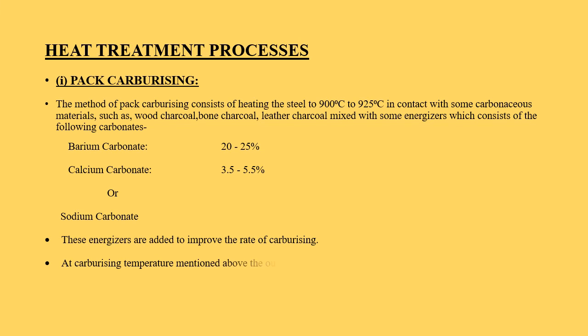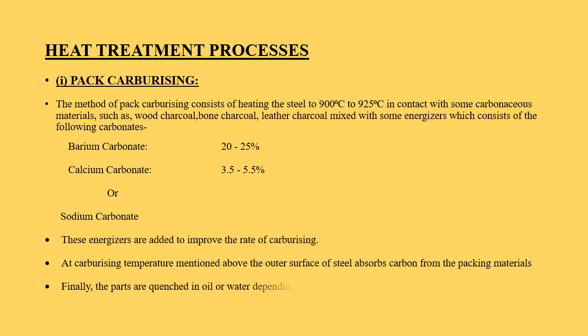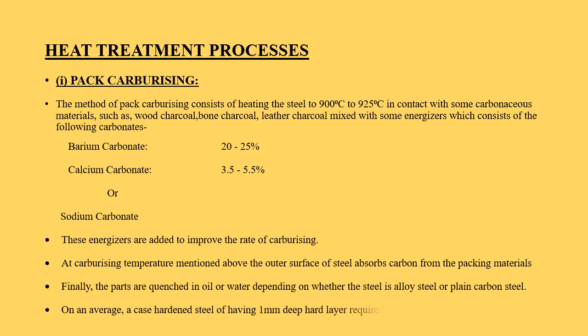At carburizing temperature, the outer surface of the steel absorbs carbon from the packing materials. And finally, the parts are quenched in oil or water depending on whether the steel is alloy steel or a plain carbon steel. On an average, a 1 millimeter deep hard layer is produced in 5 hours at carburizing temperature.